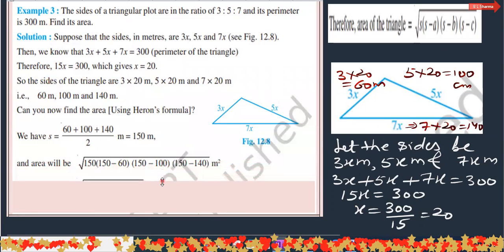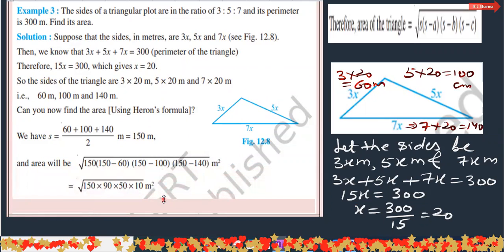Now applying the Hero's formula here, what is S, what is S minus A, and what is S minus B? So here, first of all, we know S is 150. S minus A, that is 150 minus 60, that is 90 meters.